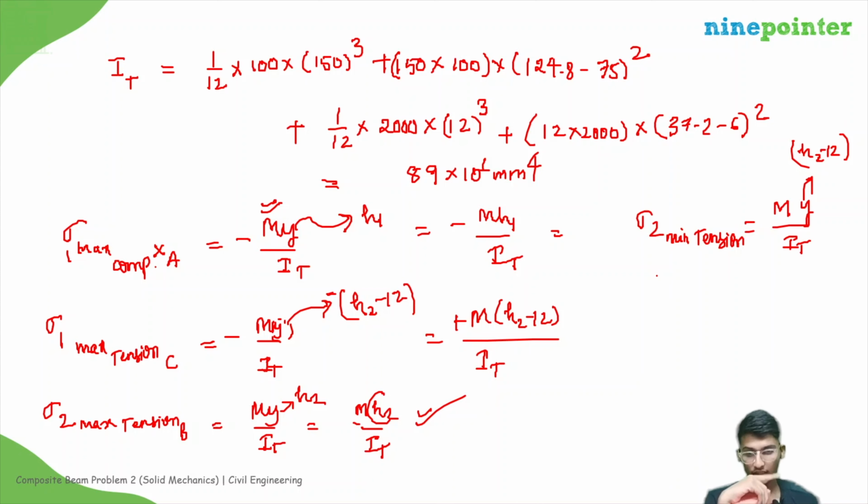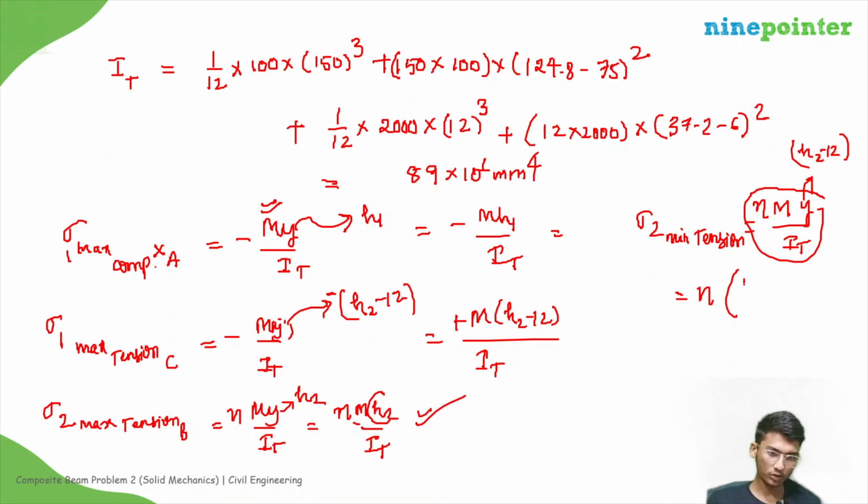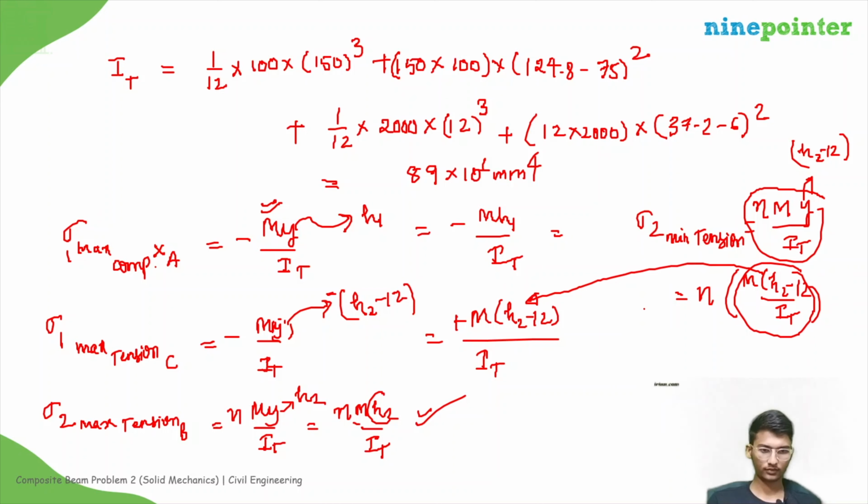Yes, because in material 2 we need to multiply with modular ratio, don't forget that. So multiply with modular ratio. Here modular ratio: we already calculated this value, M into h2 minus 12 divided by I, so we just need to multiply with 20. We didn't calculate M h2 by I2 here; we need to calculate it and multiply it with 20.